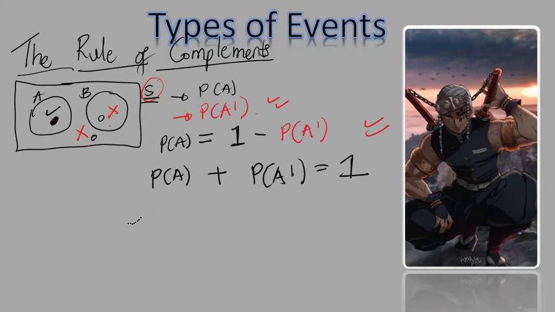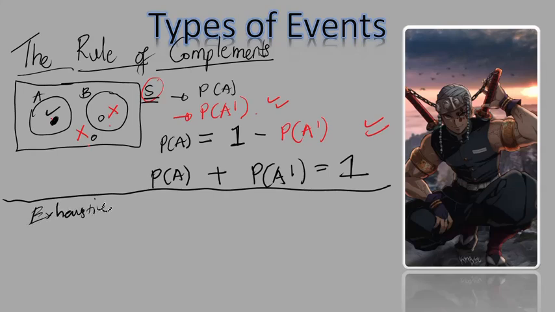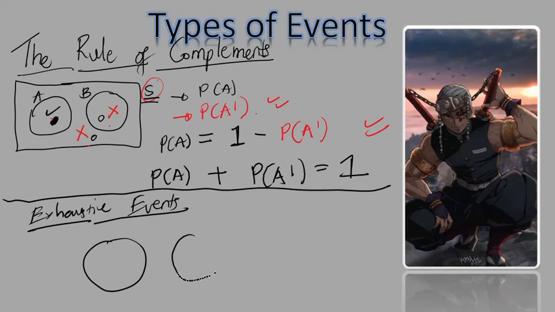So again, when you have exhaustive events, this is mathematizing now. Remember, exhaustive events, this whole thing makes the sample space.